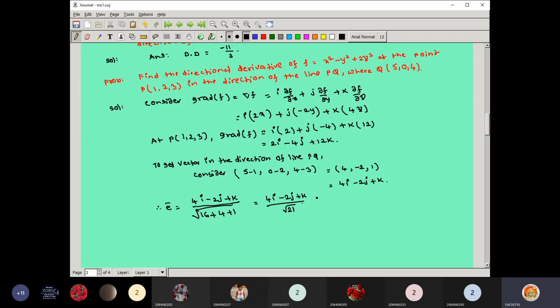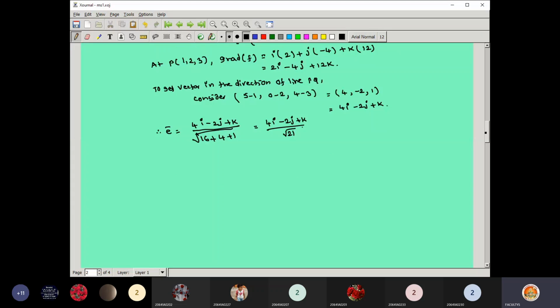So once you get the unit vector, now you are going for the directional derivative. This is the way you are calculating the vector when two points are given. So the directional derivative means e bar dot del phi. e bar means 4i minus 2j plus k by root 21, dot product with the gradient value we have already calculated.